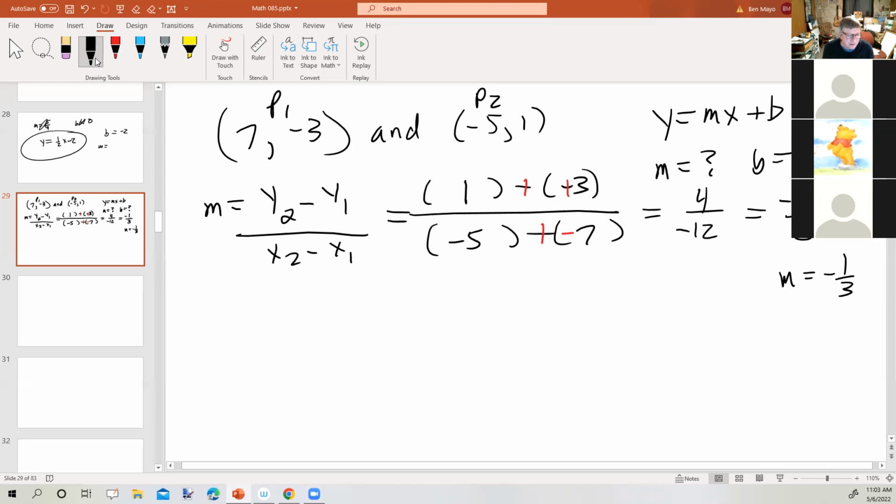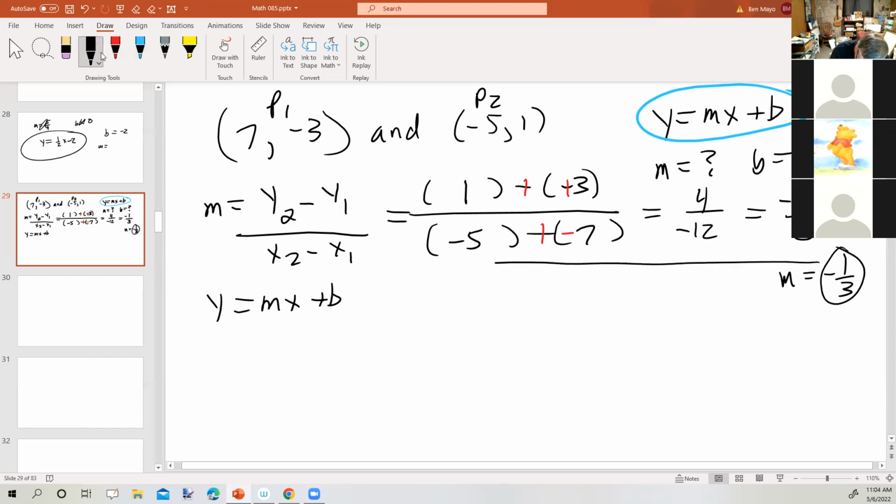Okay. So all I did there was something we did a couple of days ago. Given 2 points, given 2 ordered pairs, find the slope, right? Okay. Now, we want our equation to be in that form right there. Well, I know that the slope is -1/3.